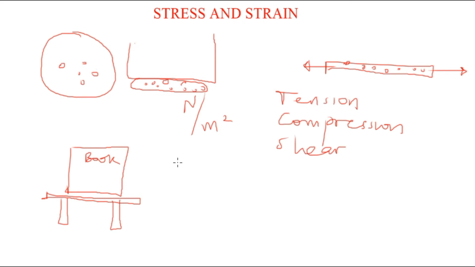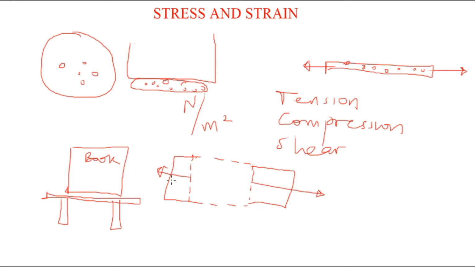It will be expanded. The book will be expanded. Let's assume that the dotted lines represent the original shape of the book. Then the new length, the new dimension of the book will look like this because of the tension that you have just exerted. Still on the table.